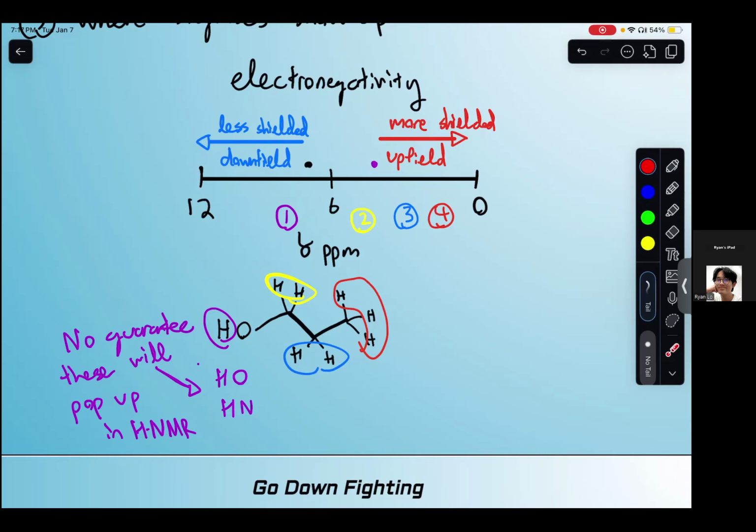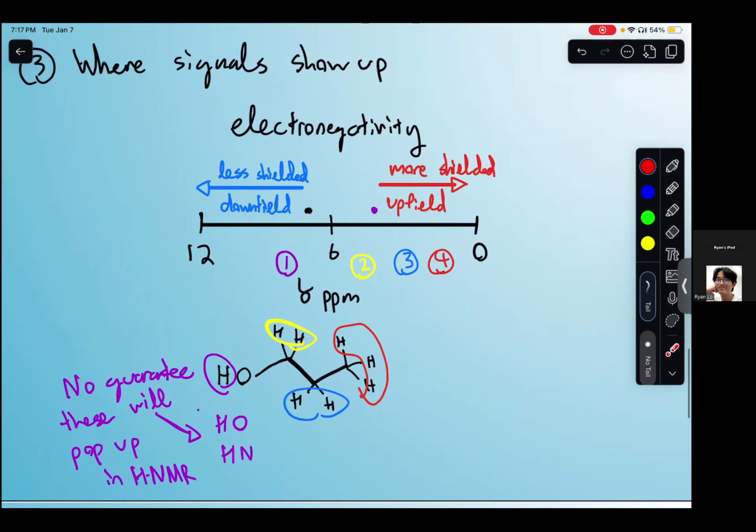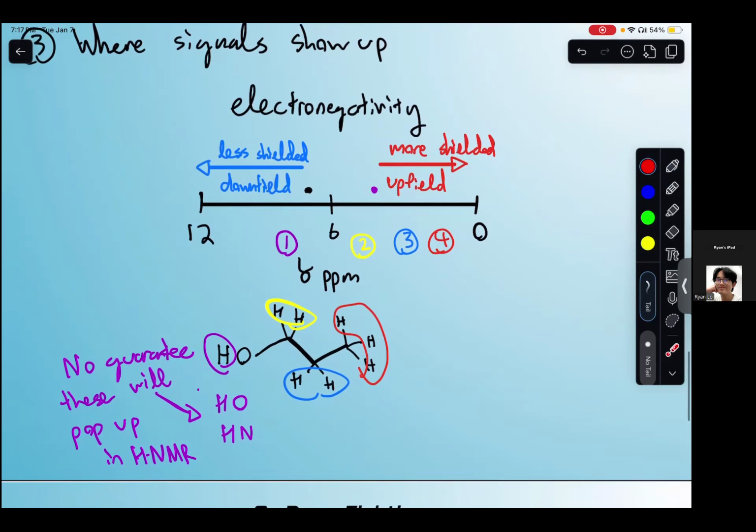As you learn more, there will be more scenarios where you can intricately pick out which one would be the most downfield. But the major things you're going to deal with are electronegative atoms, C double bond O, nitrogens, bromines, fluorine, chlorine. Those are going to be really dragging stuff all the way to the left.